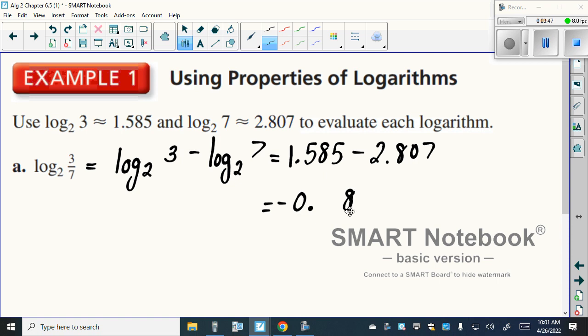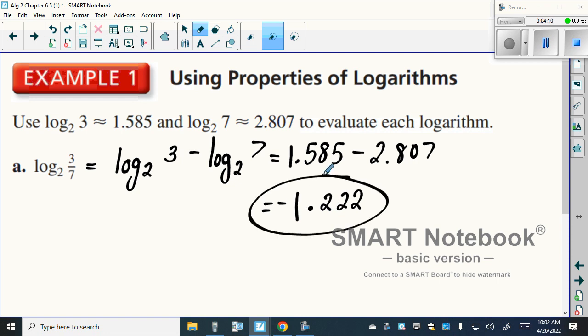Is it negative 0.222? Negative 1.222. That's it.